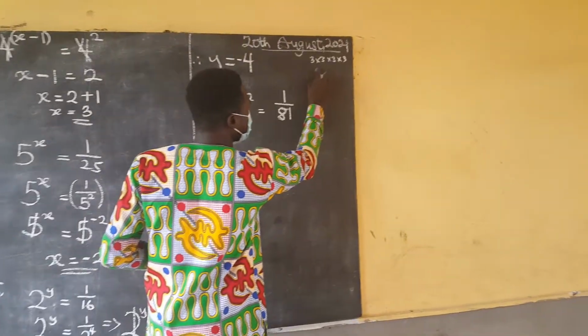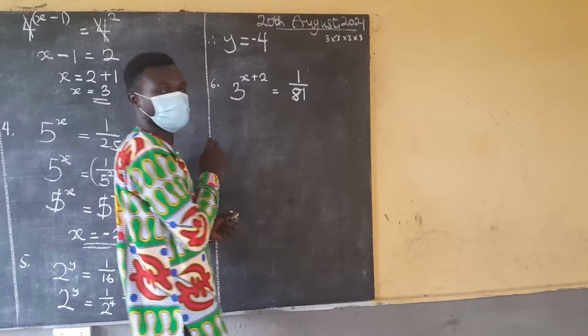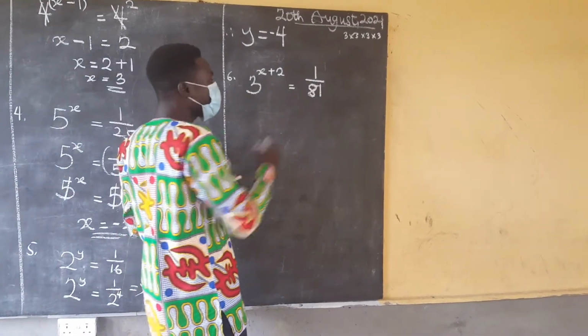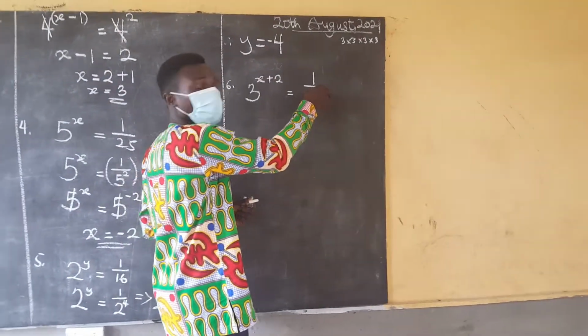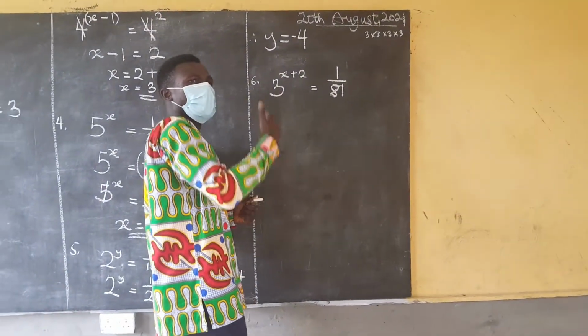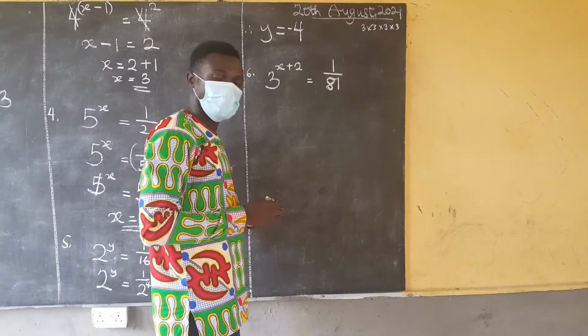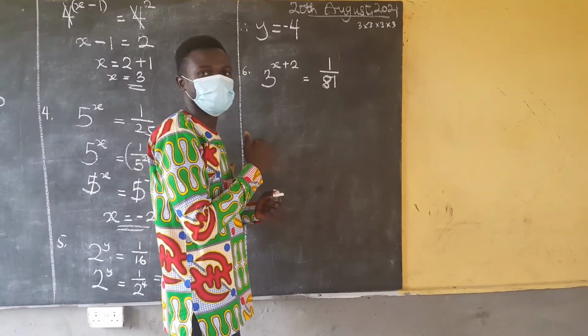Or 3, 3, 9 and 3, 3, 9, and 9 times 9 is 81. So for you to get the power, you just ask yourself, how many times of the base will give me the number on my right hand side?